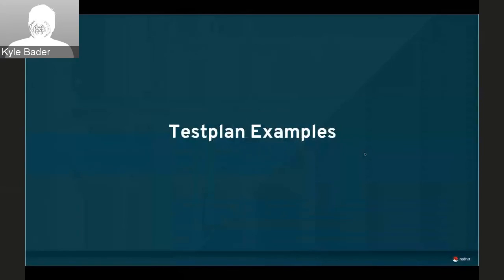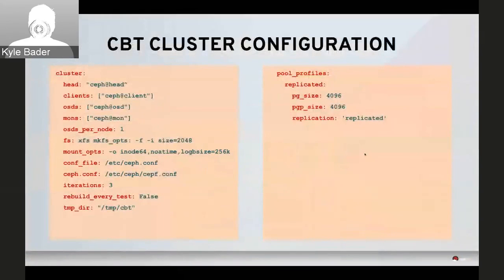So how do you use it, right? As I mentioned before, you define a test plan for CBT, and that's just a YAML file. At the top part of your YAML file, you'll have the cluster level configuration, and this would just continue, long form, if I had enough space.